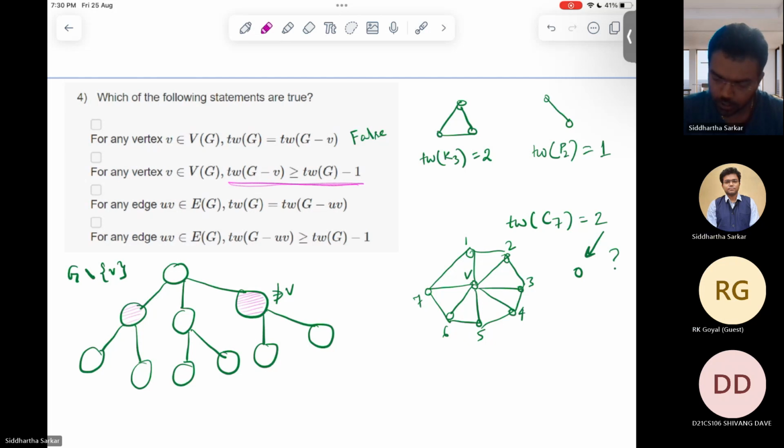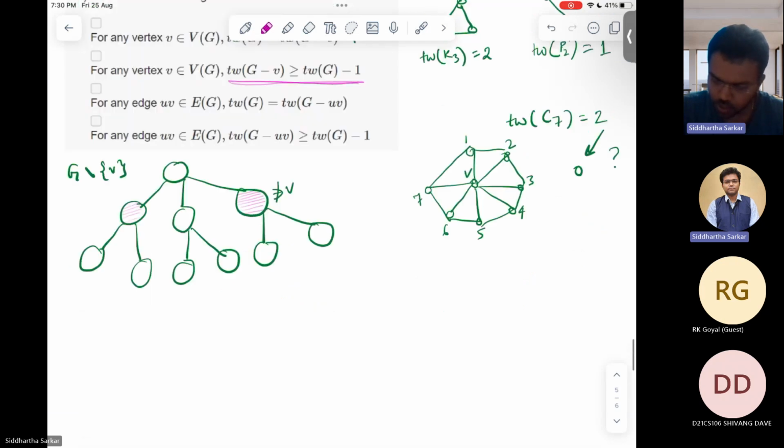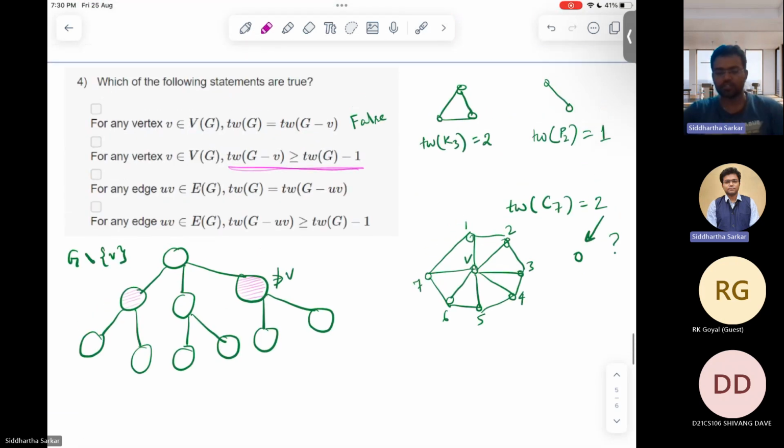Okay, I think we are at 7:30, so we have one more very interesting question. You can also try to prove this via contradiction. If you approach it via contradiction, you will say that I have deleted a vertex from the graph and the tree width has decreased by 2.